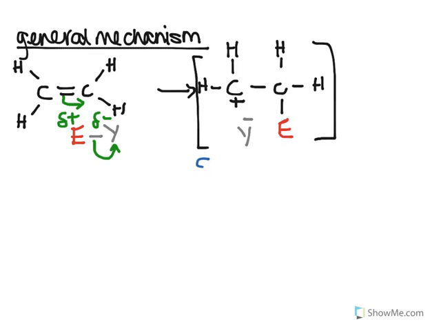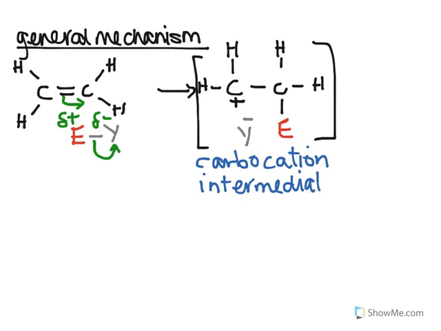We call this intermediate a carbocation, cations being positively charged, and carbo because it's on the carbon. This is an intermediate. It doesn't really exist, it's a stage it goes through, or exists very briefly. The next step might seem a bit obvious.